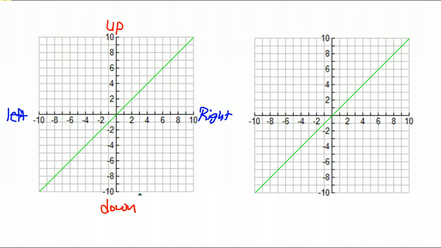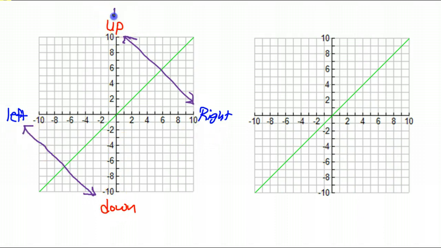So what happens when you do the inverse is these two switch places. Anything that was up becomes right, and anything that was left becomes down. So up becomes right and left becomes down.